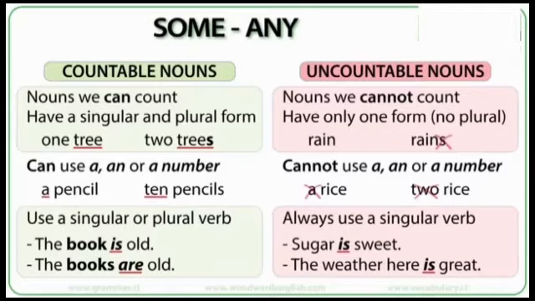One book, two books, you can count books, so book is a countable noun. Nouns that you can't count, such as rain or love, are known as uncountable nouns. You can't say one rain or two rains, so the word rain is an uncountable noun.